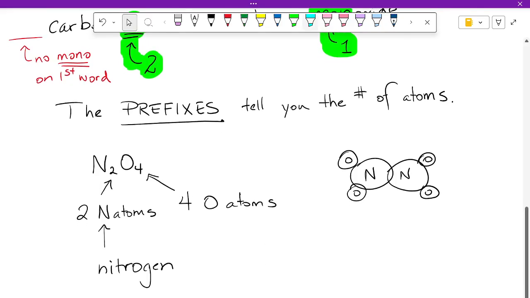And remember I said there was no mono on the first word? Did I say there was no anything else on the first word? No, so if it's anything other than 1, you do need that prefix. What is the prefix for 2? Di. And it's all one word, dinitrogen.